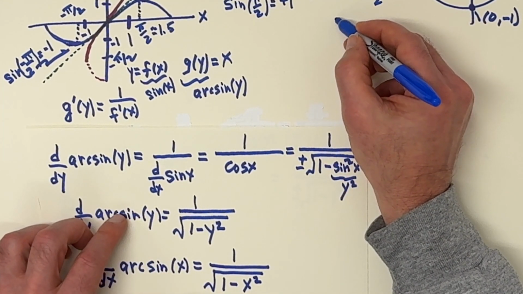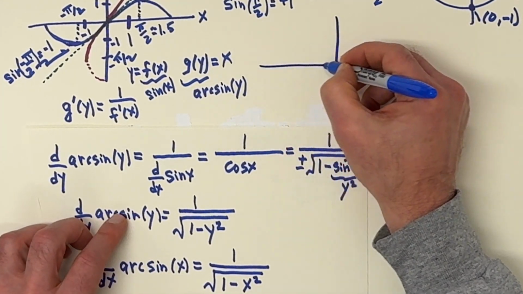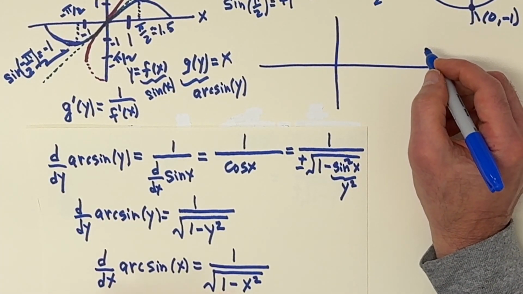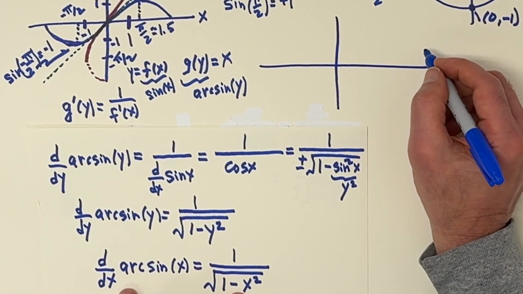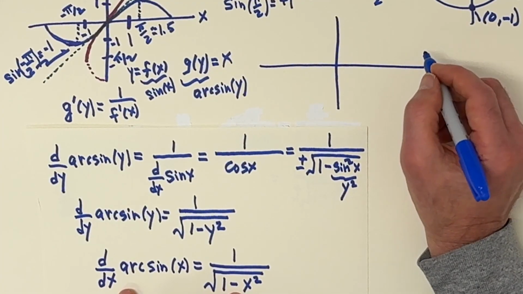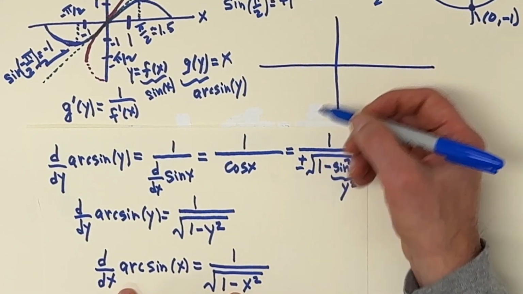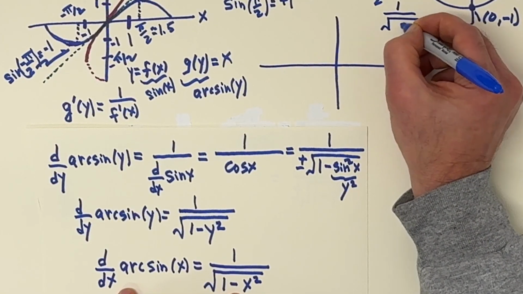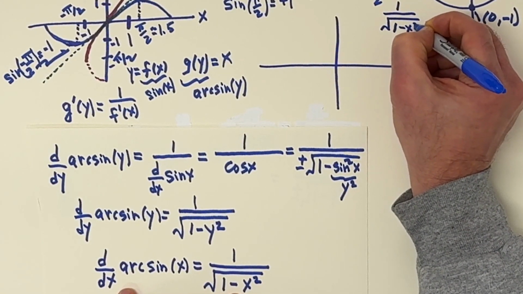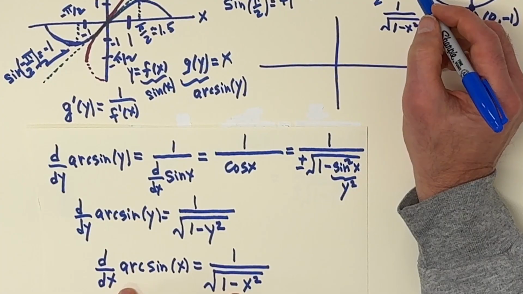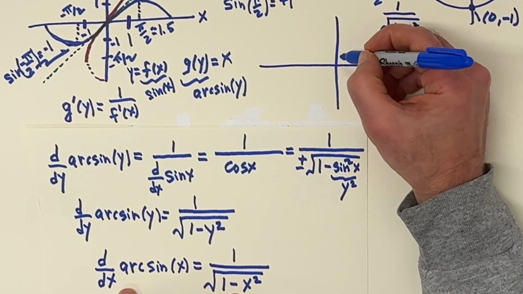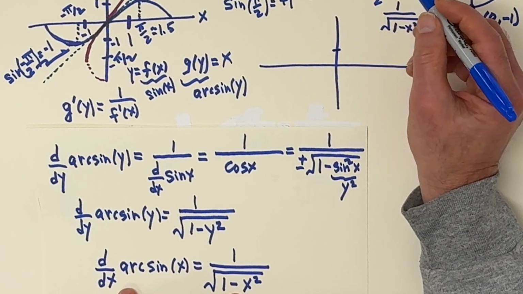See, if we graph here 1 over the square root of 1 minus x squared, let's look at this. All right, if we look at that, we see that when x is 0, we get 1, so we're here.